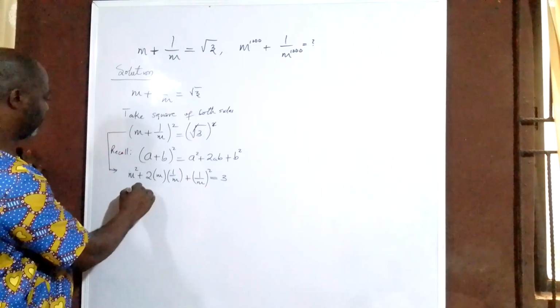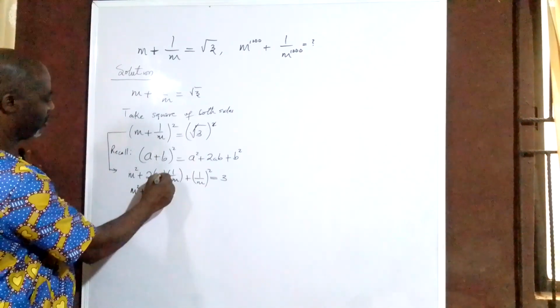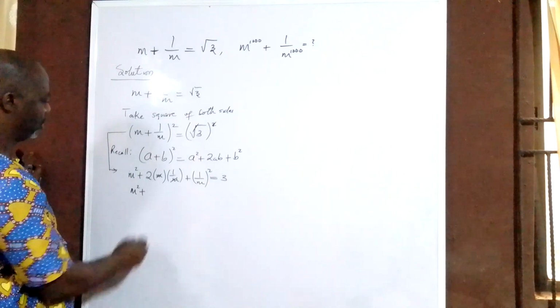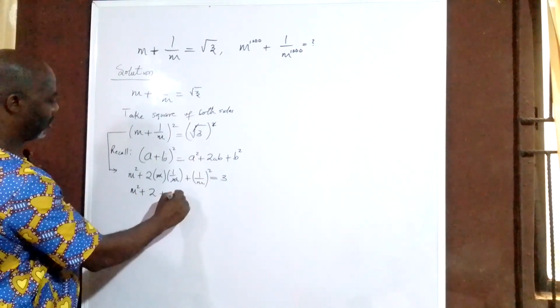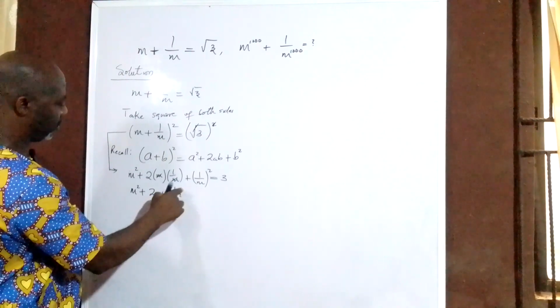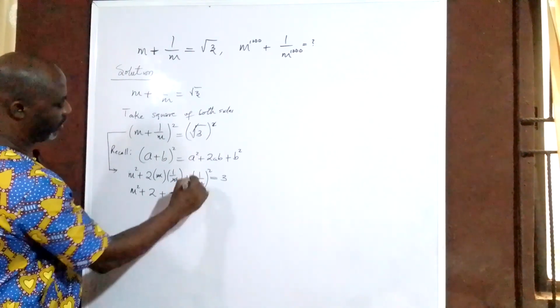So from here I have m squared plus 2, since m will give way, plus 1 over m squared, equal to 3.